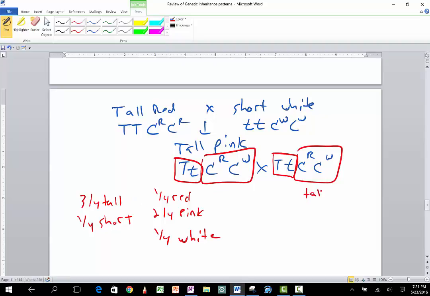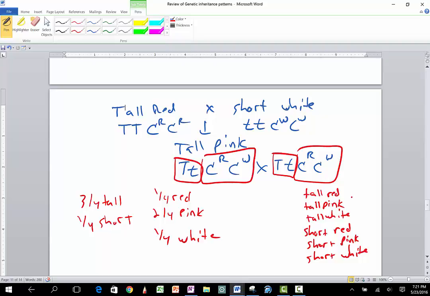We can get tall red, tall pink, tall white, short, short, short, red, pink, white.